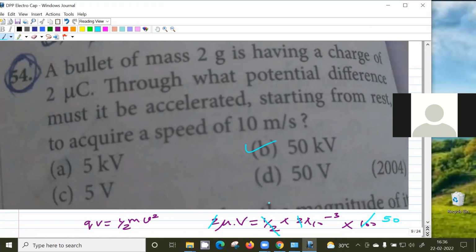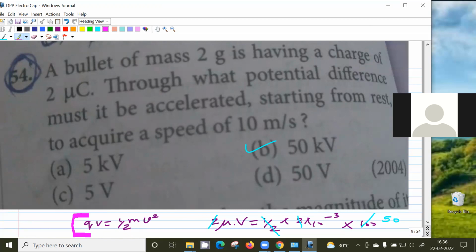Check the option. Yes, sir. Okay. So this is the basic relation. What is this relation called? Work energy theorem, right?